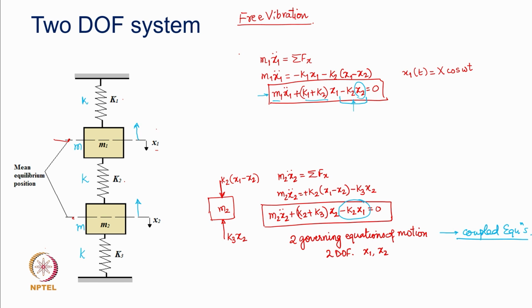But here, can we say that if somehow you make k2 equal to 0, you can see, look at both these two equations, if somehow k2 is 0, okay, the two equations become independent.